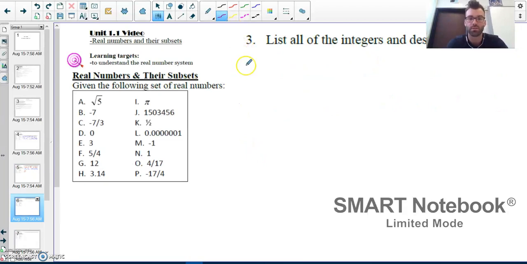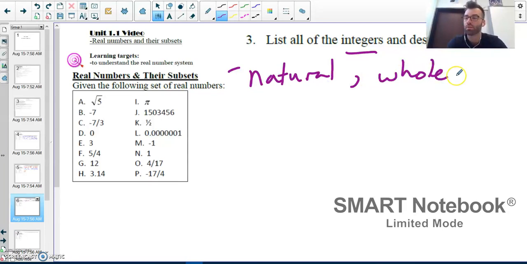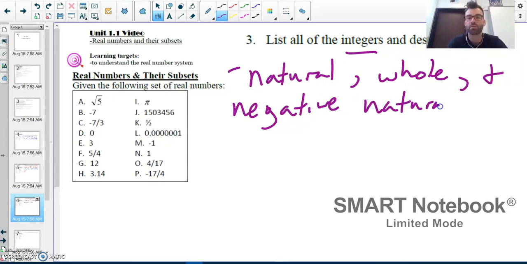These integers are natural numbers, whole numbers, and negative natural numbers.